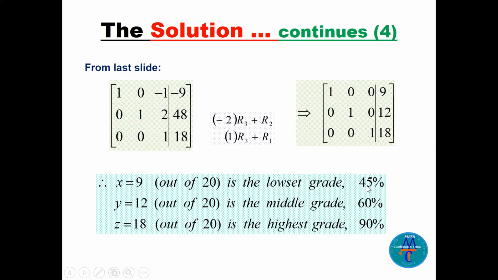So this is 45%. 12 out of 20 is the middle grade. Multiply by 5, it will be 60%. 18 out of 20 is the highest grade. Multiply by 5 will be 90%. So these 3 students get 9, 12, 18 out of 20, or these grades out of 100.